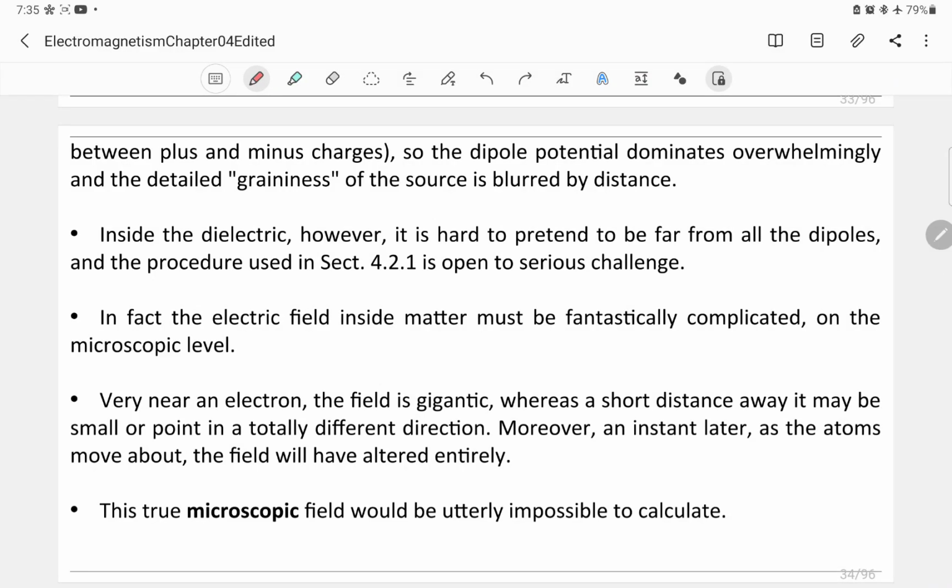So what we can do is just average the total electric field, because there are so many contributors to that electric field. Each atom is a contributor, and by using the polarization, which is just the dipole moment per unit volume, an average can be calculated.